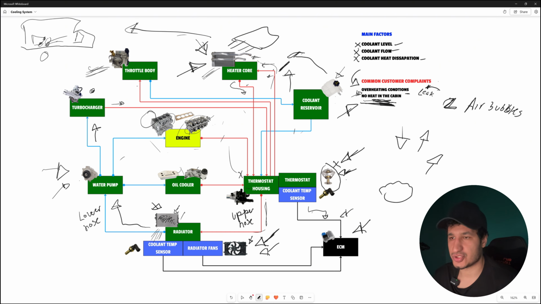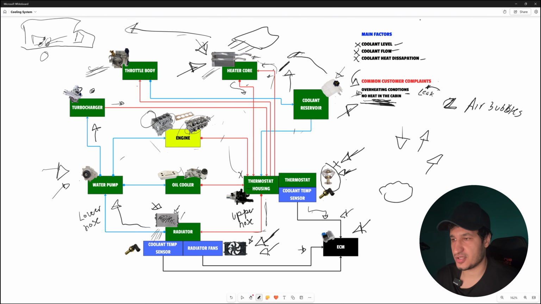There are only a few components that are going to cause electrical issues in the cooling system: the coolant temperature sensor or the radiator fans. So either a wiring issue or a sensor issue. It doesn't get more complicated than that. Some other systems have more electrical components, so the diagnostics of wiring and communication issues are more in depth than this one.